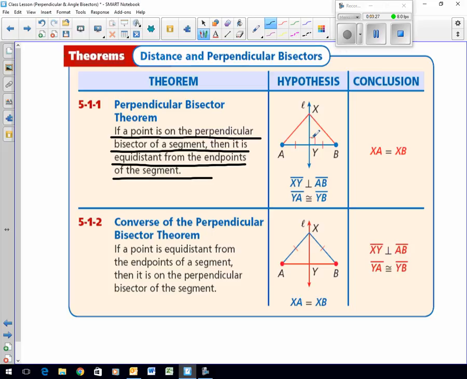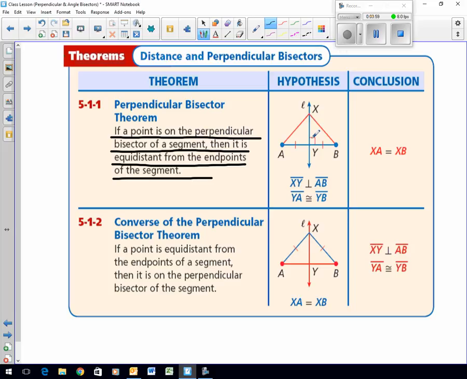The middle point between A and B. And all we're saying is that if I extend this perpendicular bisector up, then XA is congruent to XB.